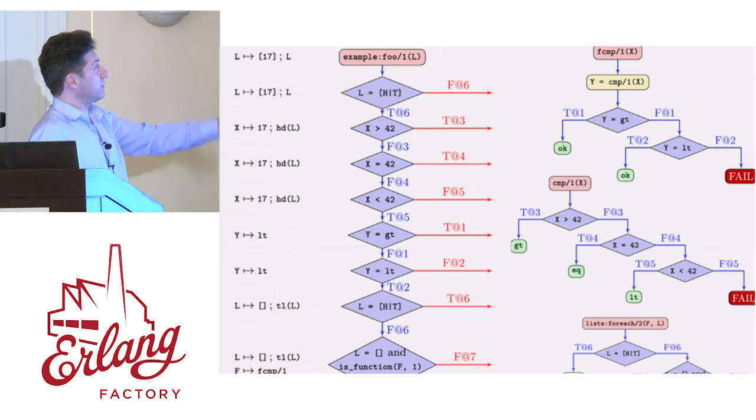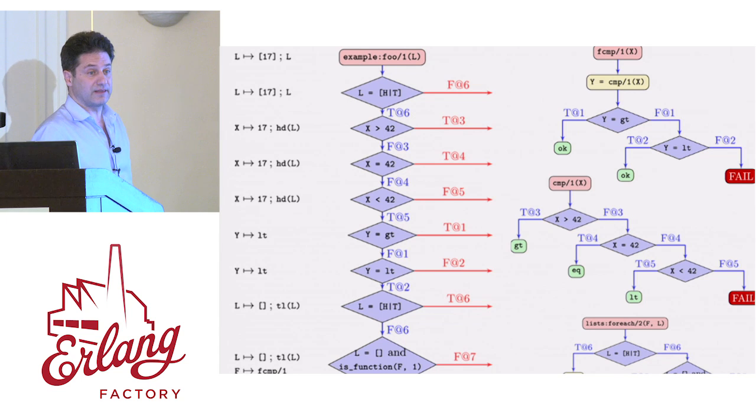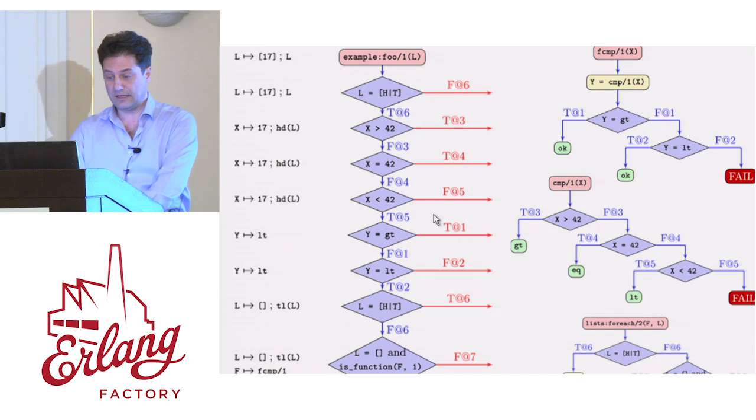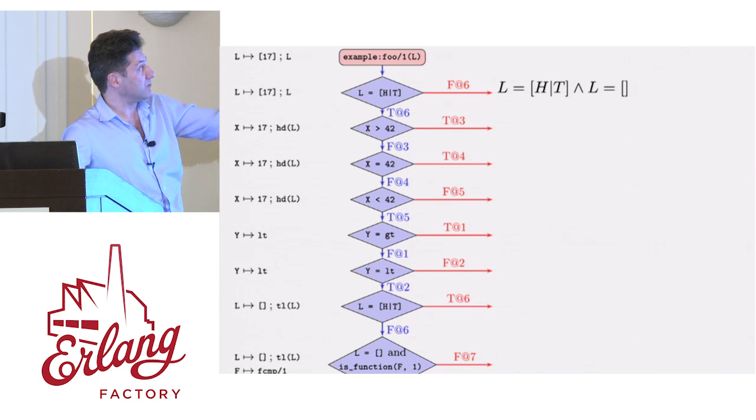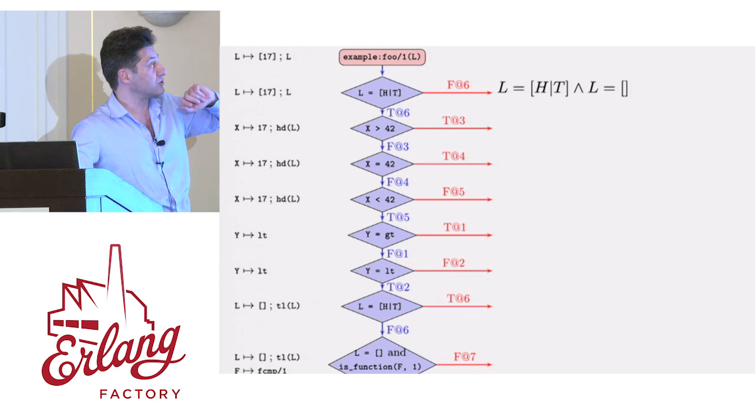Okay, so we start with, say, the list containing 17 lonely, and of course, this list will match this pattern matching cons cell here, so we'll go to the true branch, and so on and so forth. So what's happening here is that we are following in concrete execution and we're checking constraints. And since we went with a true branch the first time, the next time we should go with a false branch. We get these two constraints.